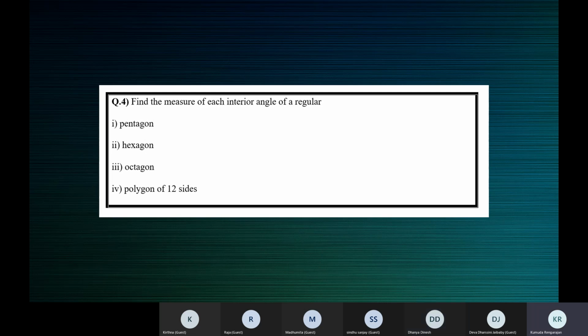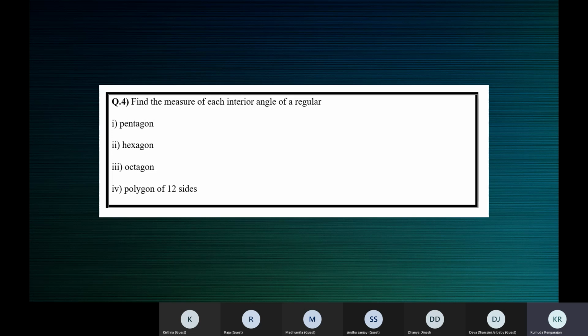What is the measure of each exterior angle of a regular pentagon? It's 360 by 5, ma'am. The sum of all the exterior angles is 360, so each exterior angle will be equal to 360 by 5.